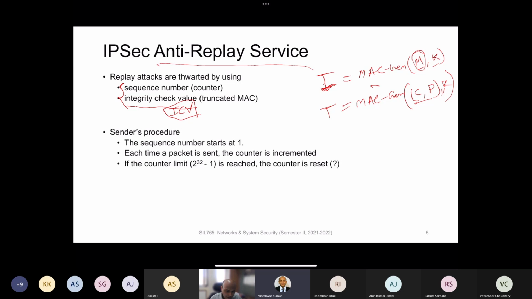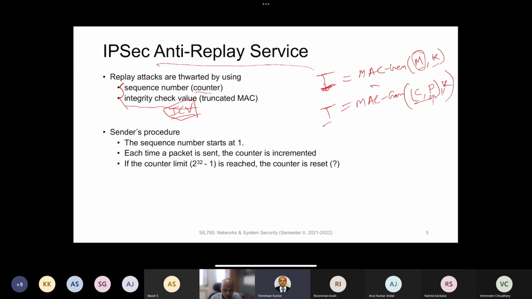So there are two important things we need to consider in order to prevent replay attacks. There are counters or sequence numbers, which are part of the packet, and we are also authenticating that sequence number along with the payload, along with the packet content.